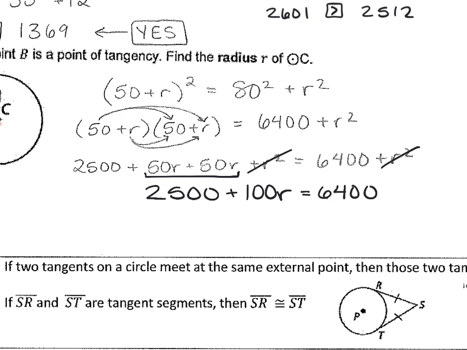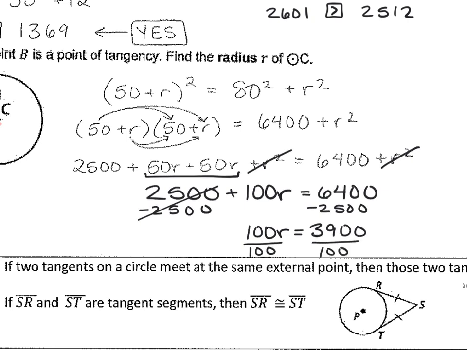Again, you could use box method if you would prefer. The moment you cross out those r squareds, it's a box method question. I'm going to subtract 2,500 from both sides so that the r term is by itself. That means this becomes 100r equal to 3,900. What's this last step to solve for r?